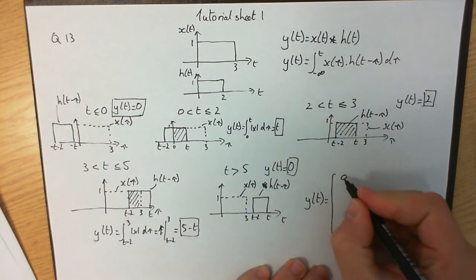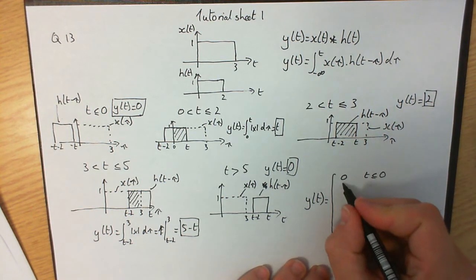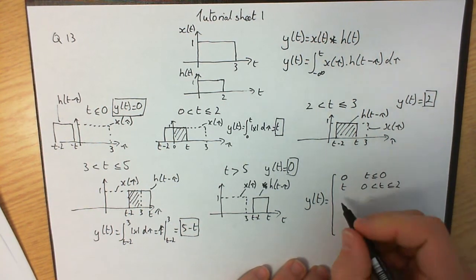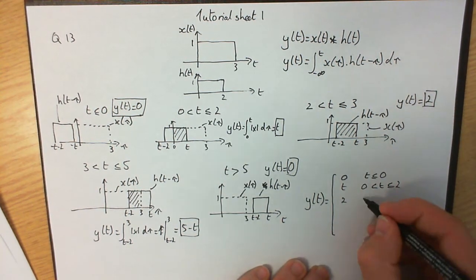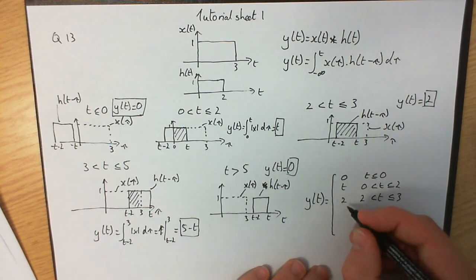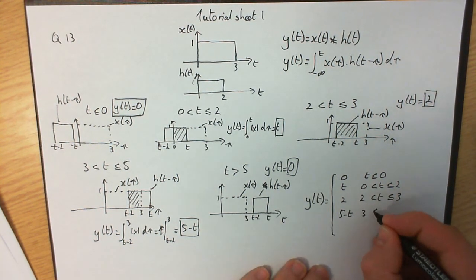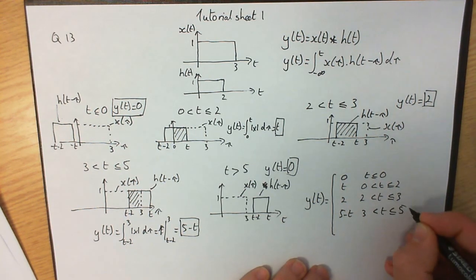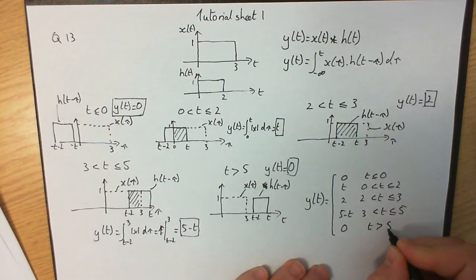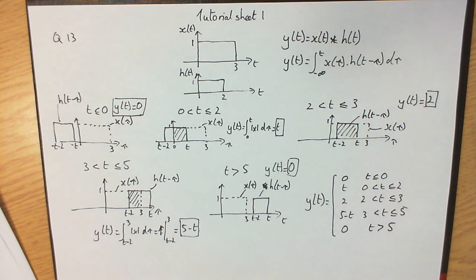So we've got 0 when t is less than or equal to 0, t when 0 is less than t less than or equal to 2, equal to 2 when 2 is less than t is less than or equal to 3, it's equal to 5 minus t in this bit, when 3 is less than t less than or equal to 5, and it's equal to 0 when t is greater than 5. And that is a summary of the convolution we've just carried out.